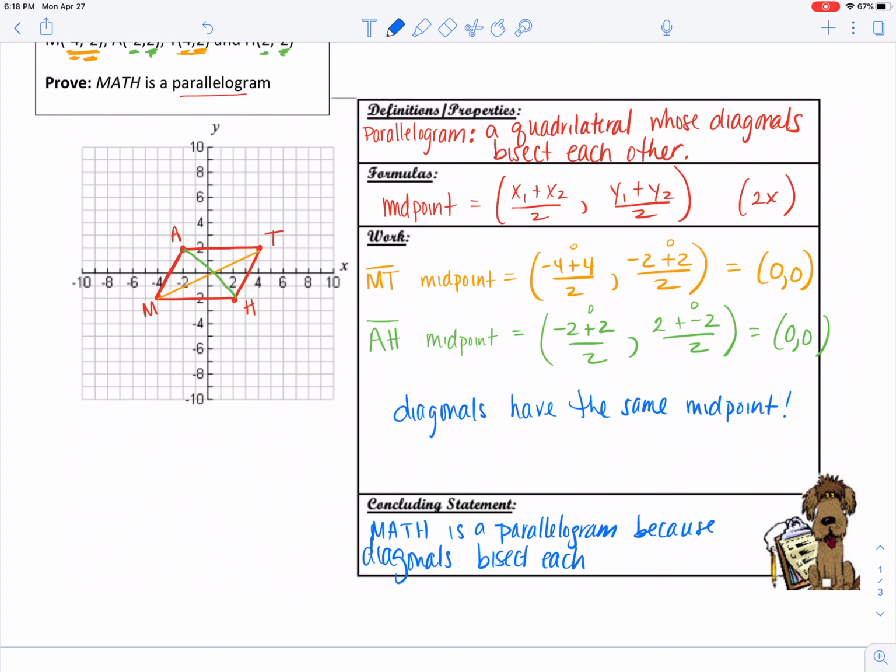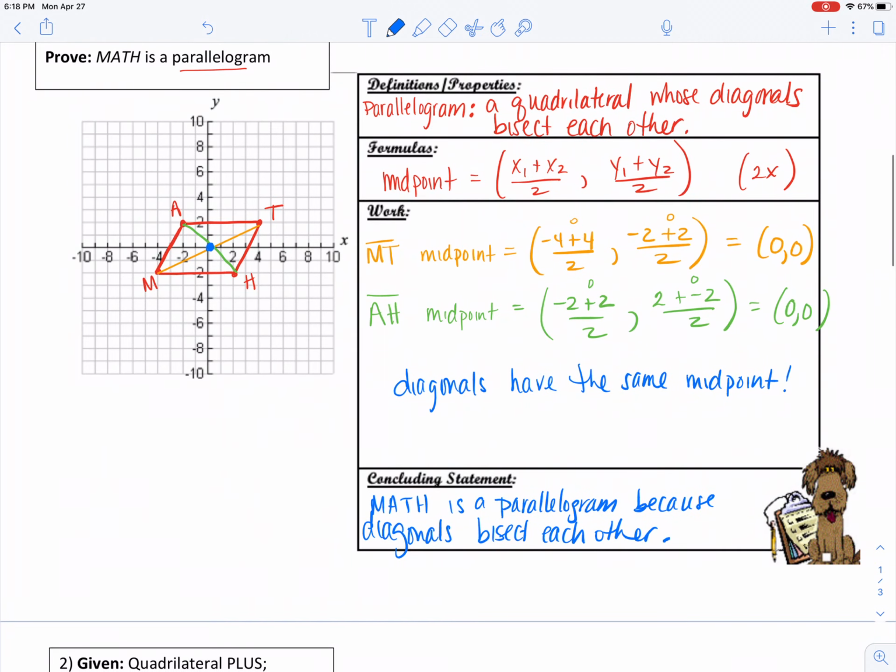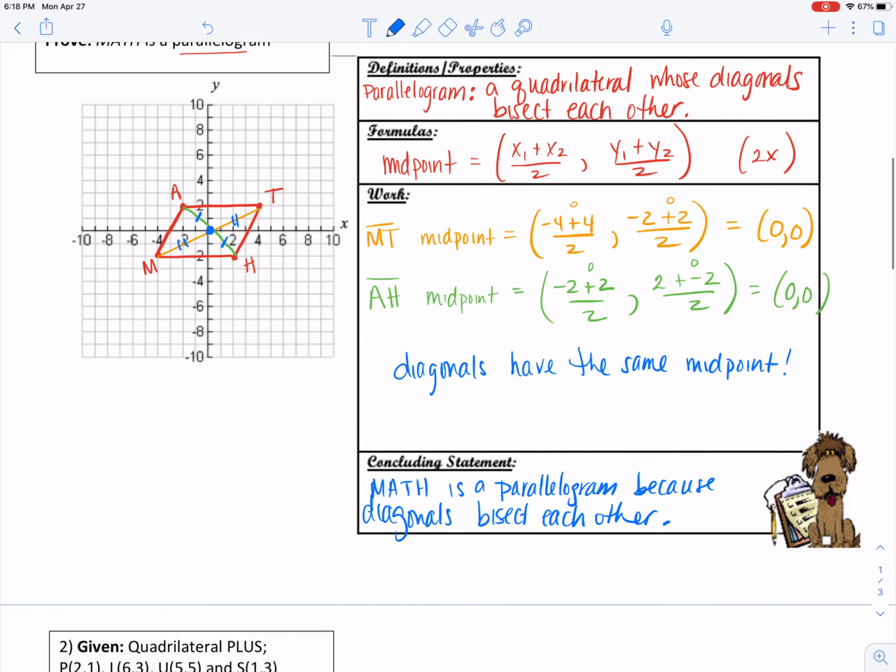So you need to understand that because the diagonals have the same midpoint, that is enough to show that the diagonals bisect each other. And that makes the quadrilateral a parallelogram. So if I had drawn this perfectly, you'd see that they intersected each other at 0, 0. Making this segment the same as that, and this segment the same as that.